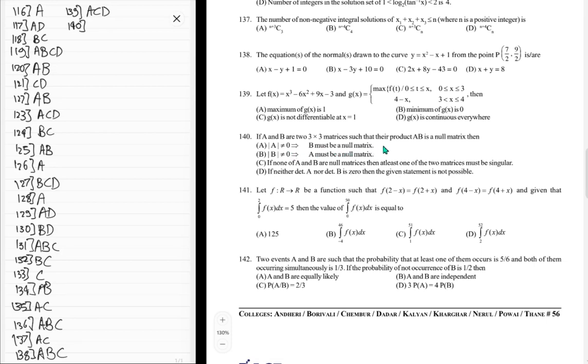Wait, what? No, why? That does mean that the determinant of B is 0. Yes, but how?